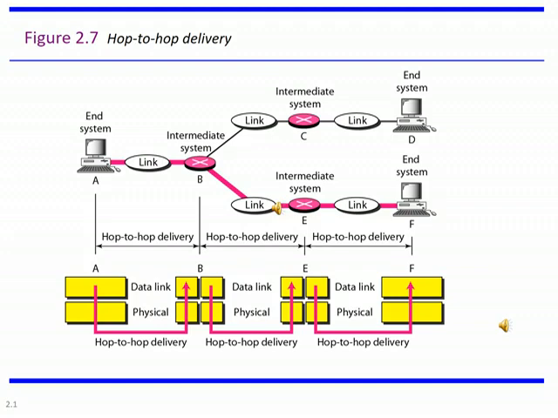So this is the hot-to-hot the data delivery. So those hot-to-hot data deliveries are really represented by the line. So the end lines are you see that the end system is connected to the intermediate system by link. So the end system and the intermediate system are connected joining with the link. This will be the hot-to-hot delivery. Similarly, one intermediate system, another intermediate system are connected by link, and then the intermediate system and the end system are also connected by link. So every stage are connected by link. that kind of the system will be hot-to-hot delivery system.